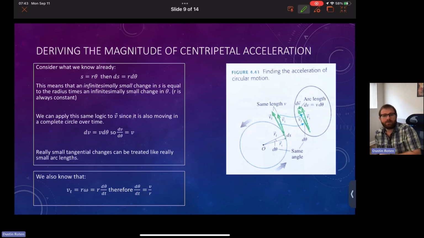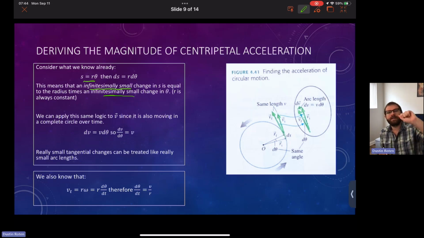Okay, so let's start and consider what we already know. So here the idea is essentially, if we know that the arc length is equal to simply the radius times theta, then we can take an, and this might be a new word, infinitesimally small change in s, and that can still be equal to the radius times an infinitesimally small change in theta.